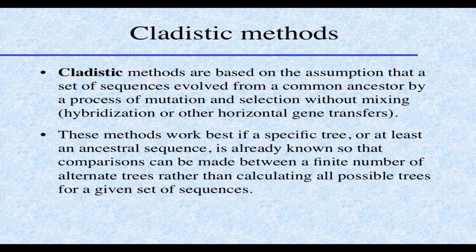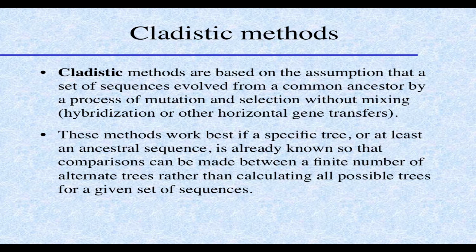The cladistic method works best if you have a specific tree or a known ancestral sequence. Then you can trace the path by which the bases have changed. And you could have a finite number of possible trees to select from.